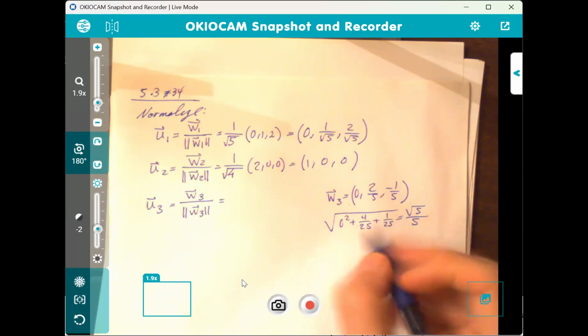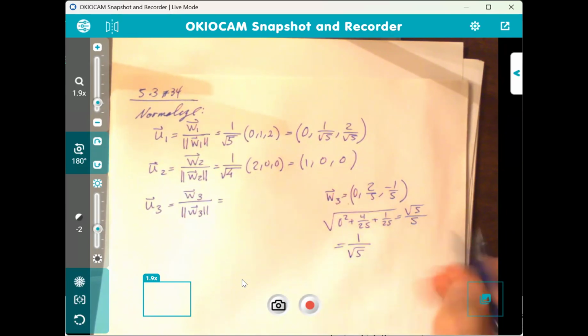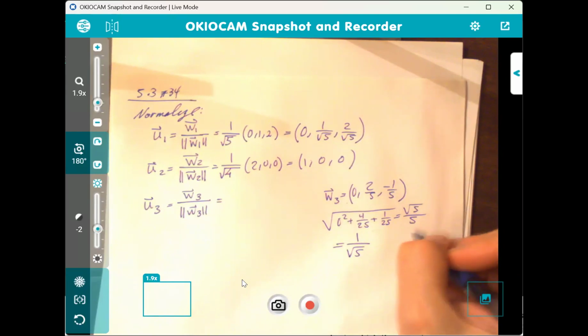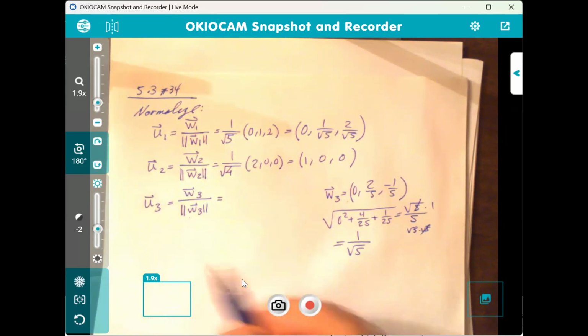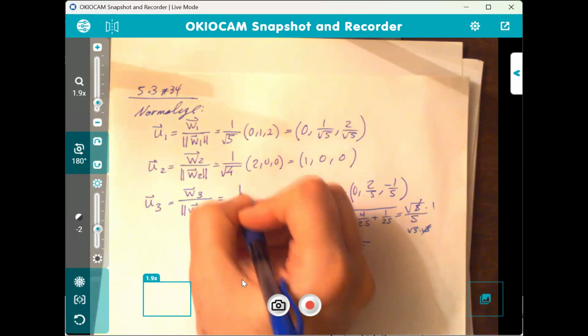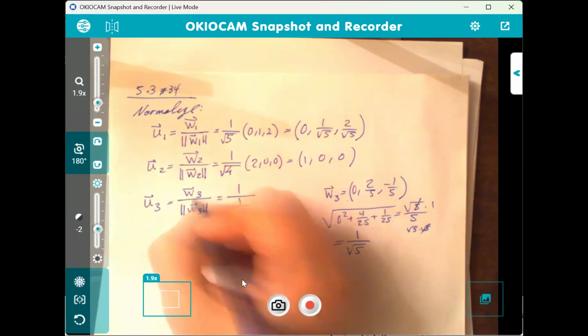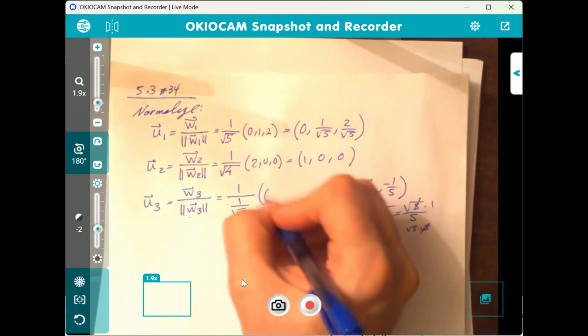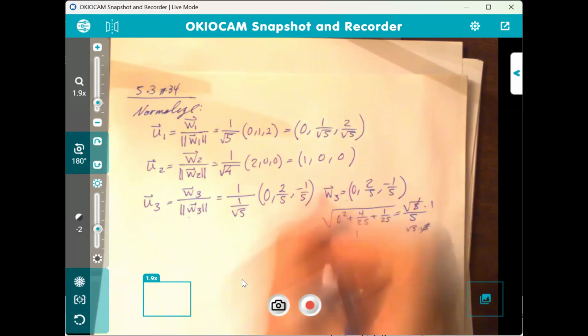So this is going to be 1 over root 5, isn't it? Because 5 is root 5 times root 5. So it's going to be 1 over root 5, but it's in the denominator. So it's going to be 1 over root 5 times W3, which is 0, 2/5, negative 1/5.